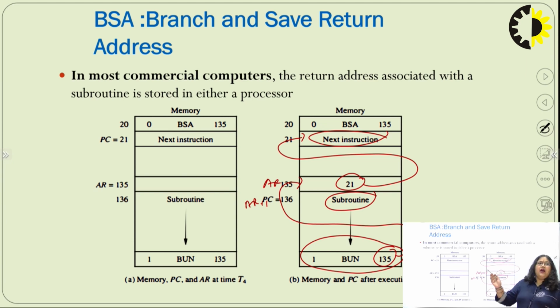This is known as the subroutine, a very crucial topic in computer organization. This is the basic example of the subroutine: this is before the execution of the instruction in memory, and this is after execution.